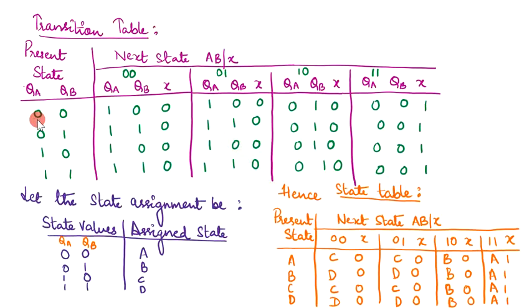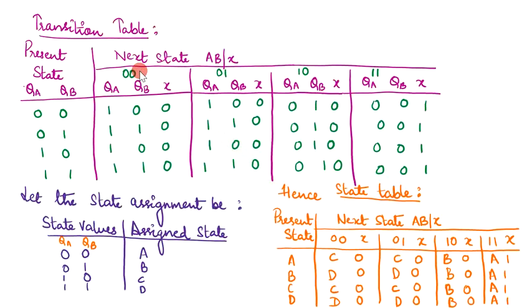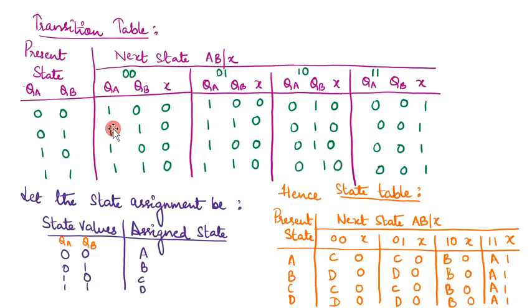So 0 is QA, A is equal to 0. So this is going to be the complement of this, that is 1 plus 0 is going to be 1. Output variable X is equal to 0 into 0, that is equal to 0.